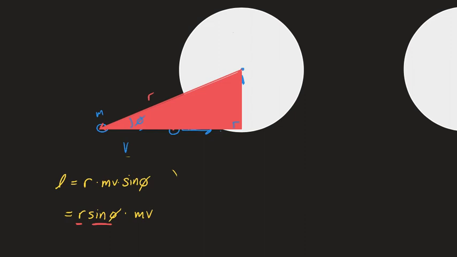Now, sine of phi would be the opposite side divided by the hypotenuse. This is the hypotenuse. This is the opposite side. Everybody see that okay? So the opposite side is r sine phi. You guys see that?